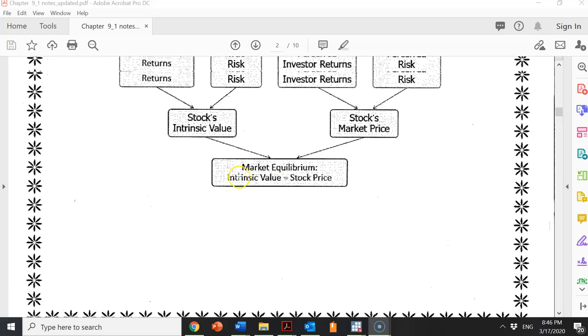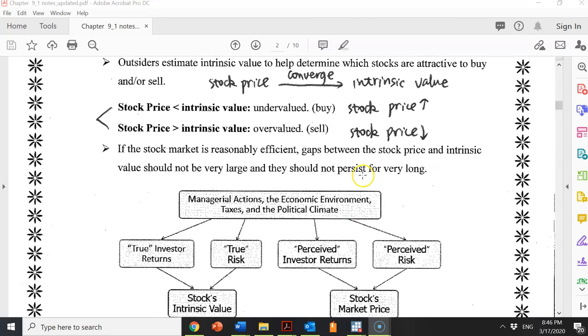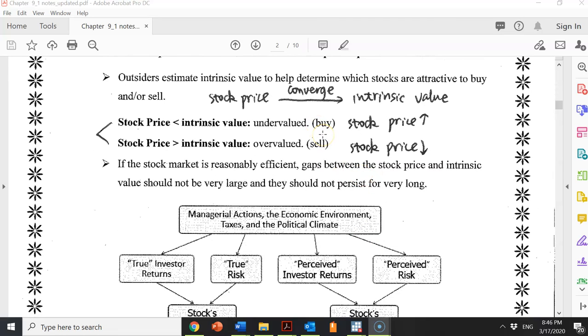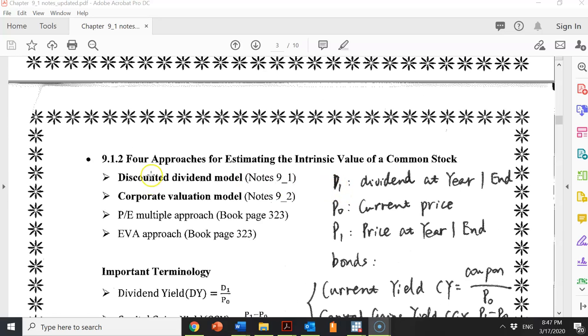Okay, so that's what we would do after we estimate the stock price from the models: we would compare it to the real market price and decide if the stock is a good purchase or a good sell. Okay, and we have 4 different major approaches to estimate the intrinsic value of a stock, including the discounted dividend model, corporate valuation model, PE multiple, and EVA approach.